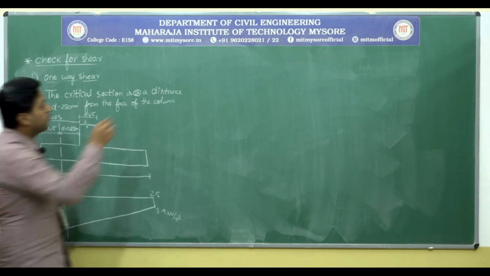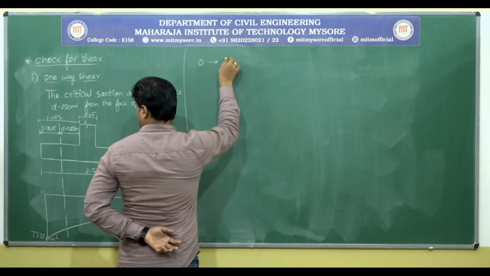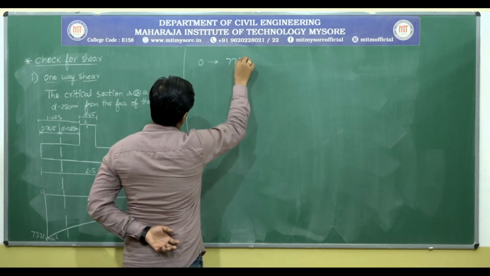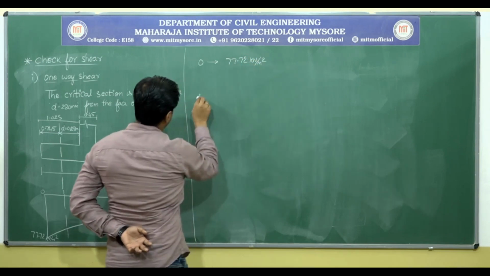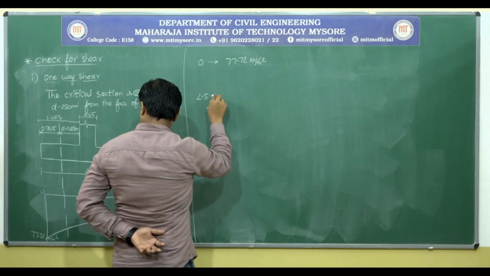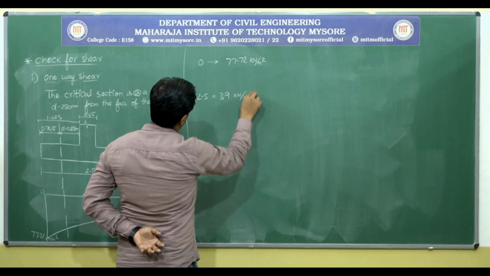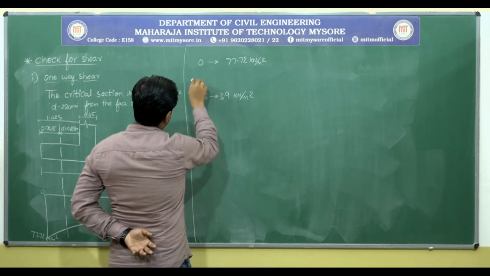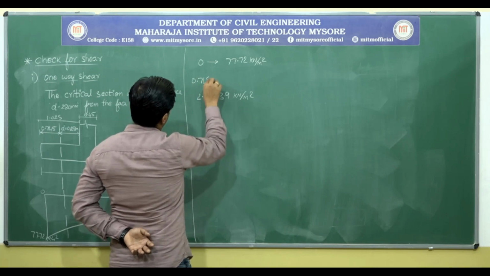So we'll go with interpolation using the calculator. Whenever it is 0, it is 77.72 kilonewton per meter square. Whenever it is 2.5, it is 3.9 kilonewton per meter square. I want exactly at 0.745 meter.